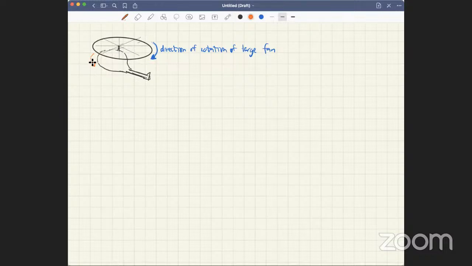Then this is what I have marked in broken lines and arrow: the body of the helicopter. The body of the helicopter attempts to rotate to maintain total angular momentum 0.